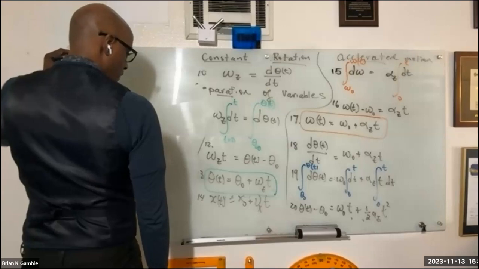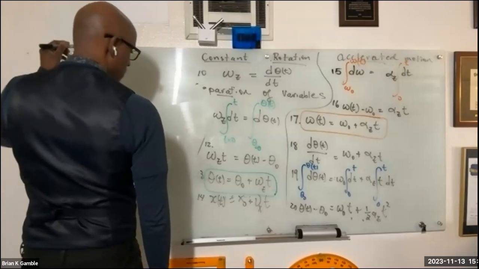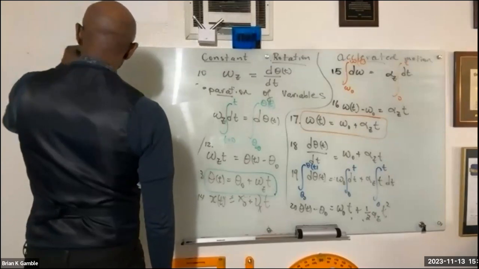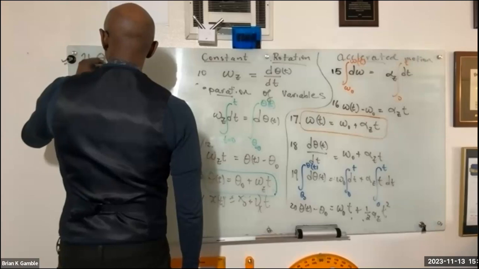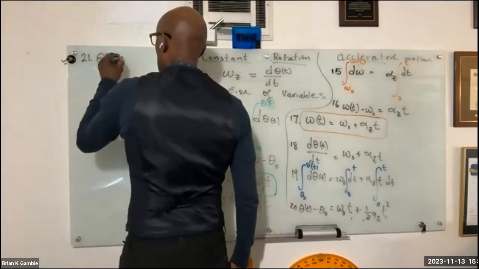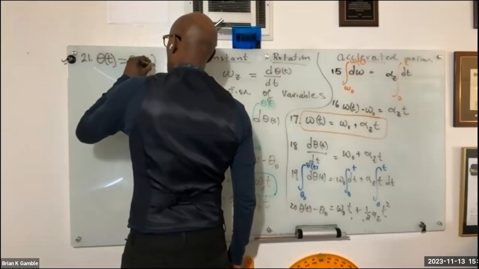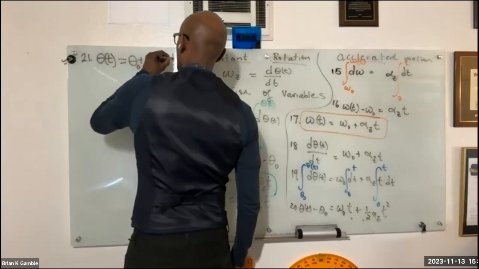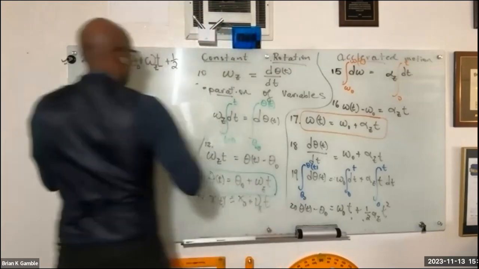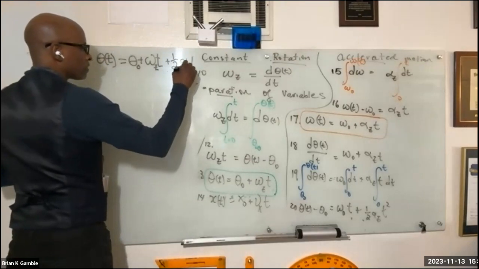Theta of t equals theta naught plus omega naught times t plus 1/2 alpha z times t squared.